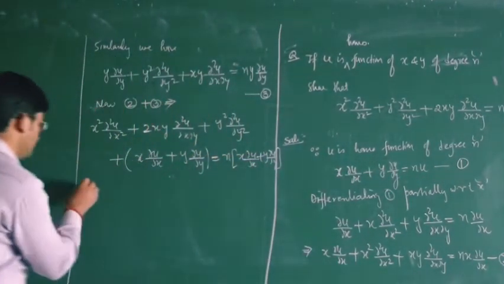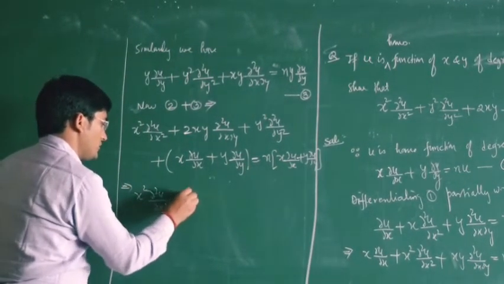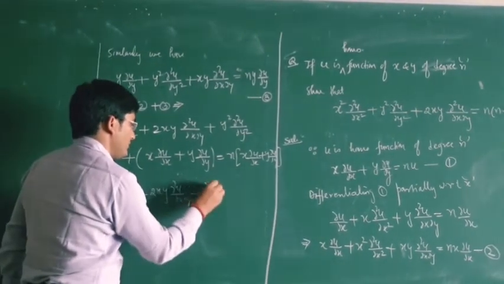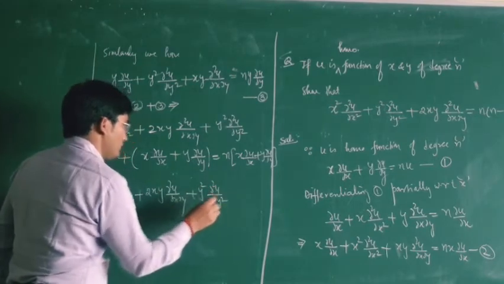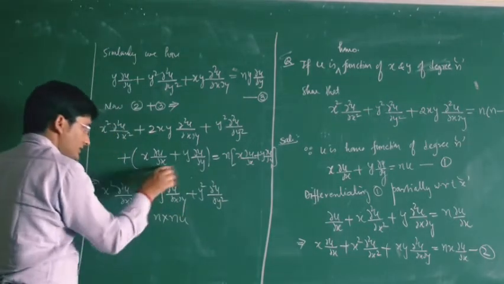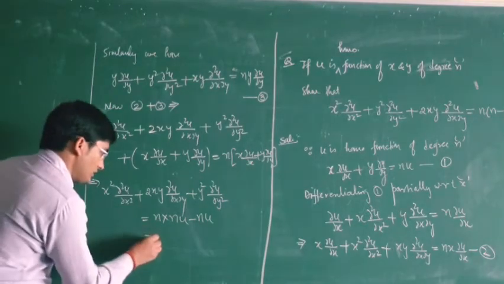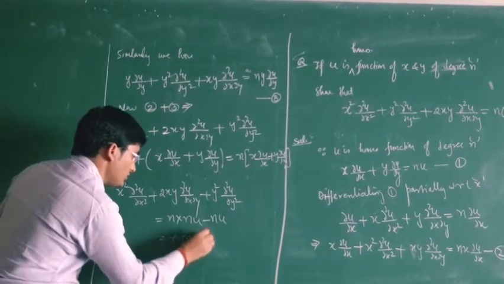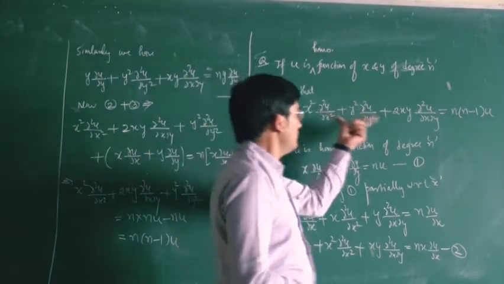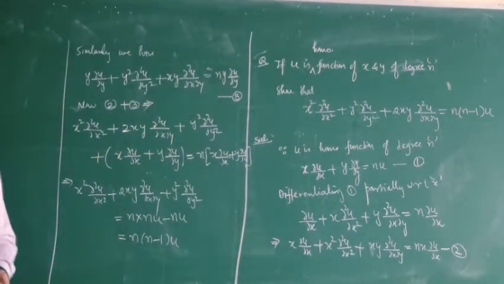So this will give you x square del 2u upon del x2 plus 2 times xy del 2u upon del x del y plus y square del 2u upon del y2 equal to n into nu. Now again this is nu, so we will have n square u minus nu. So let us take nu common, then we will have n into n minus 1 u. So the value of these double order derivatives is equal to n into n minus 1 u. So this is our solution.